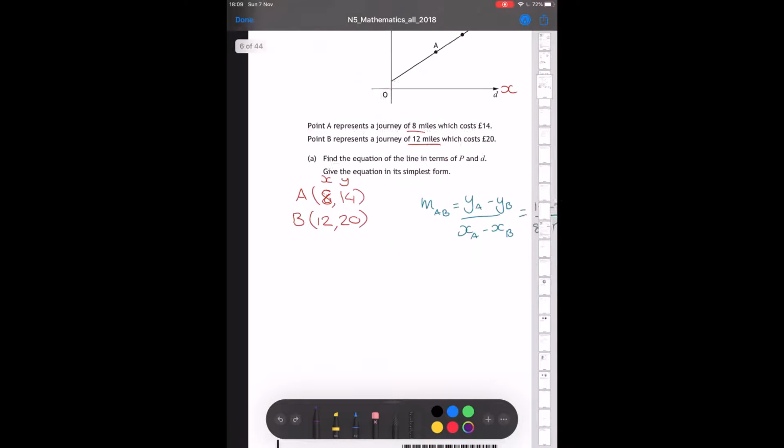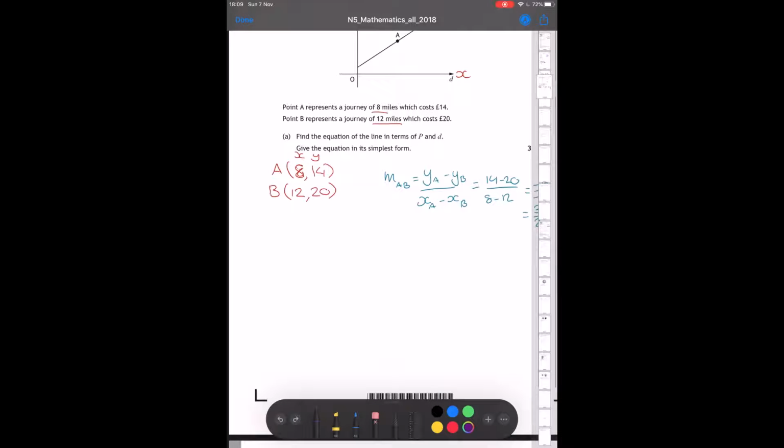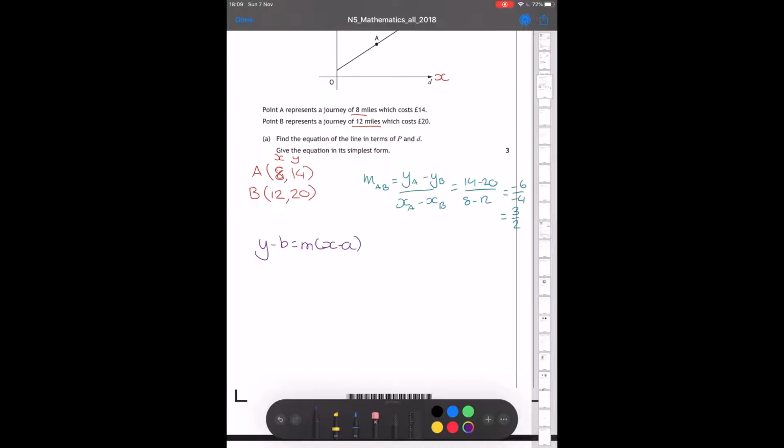So, then we write our formula. y minus b equals m bracket x minus a. We have our gradient, so I'll write it beside, m is equal to 3 over 2. And then what point are we going to use? Probably B. So our point is 12, 20. And this is a, and this is b.